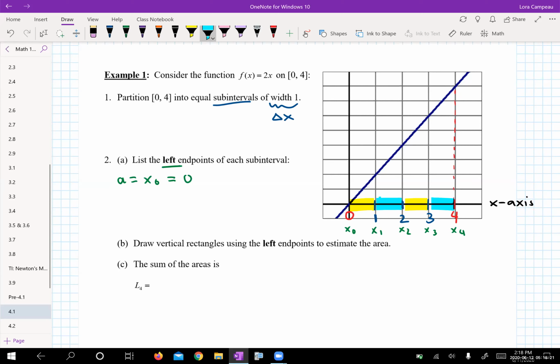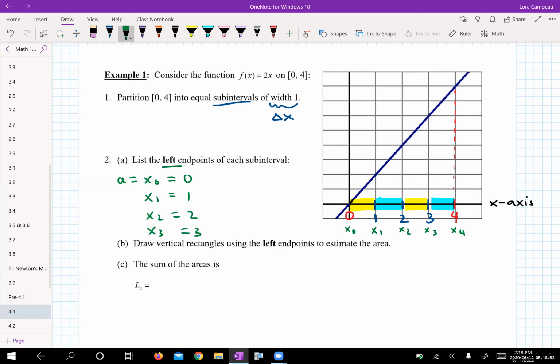If you're only listing the left endpoints, then we have a, which is x of 0, equal to 0. The next one, x of 1, has a left endpoint of 1. x of 2 is equal to 2, and x of 3 is equal to 3. And you realize why we're leaving out the number 4.